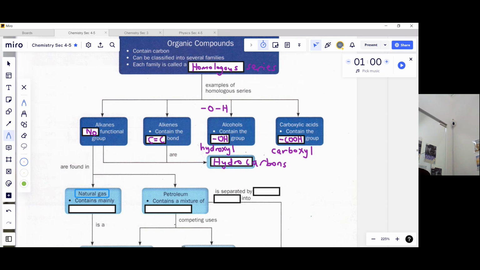Okay, CH4, or if you want to spell it out, methane. Petroleum contains a mixture of alkanes. Petroleum is crude oil actually. So just be a bit mindful. Sometimes they can replace the word crude oil with petroleum. Petroleum is crude oil.